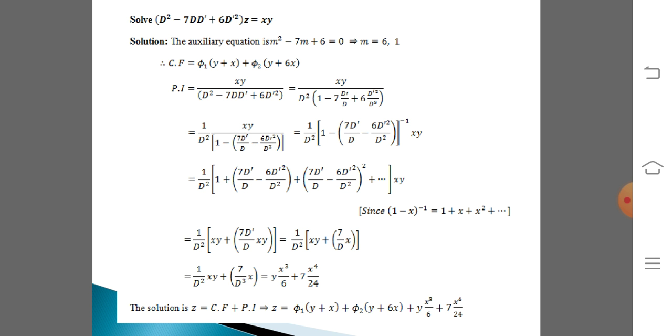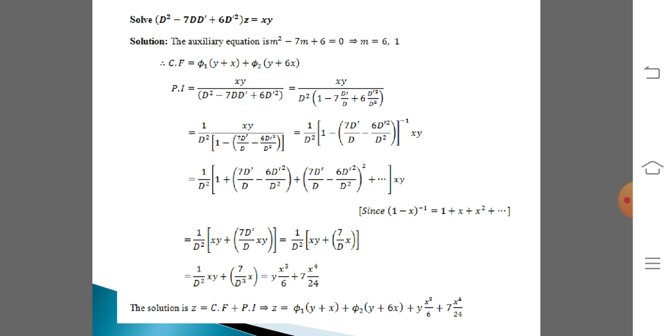So this is exactly of the form 1 minus some x. So particular integral equal to 1 by D square into xy by 1 minus of 7D dash by D minus 6D dash square by D square. Look at the denominator, it is exactly of the form 1 minus x.